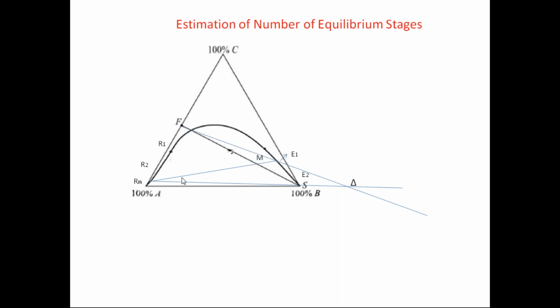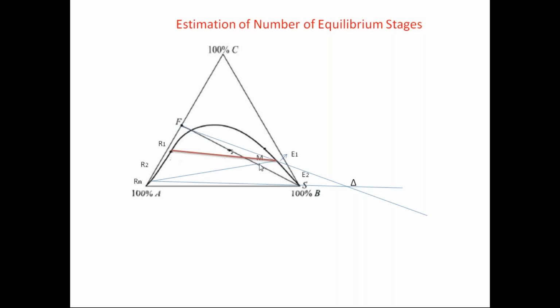So you know the initial concentration, and this would be the final concentration. So you are reducing from this value to this value. Now see how many countercurrent stages are required. So here E1 will be equivalent with R1. So you have to draw one tie line from the E1 point.